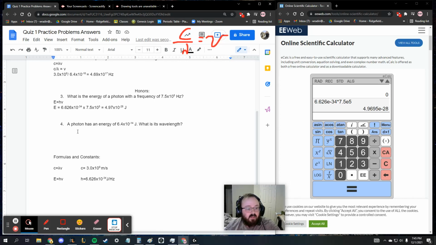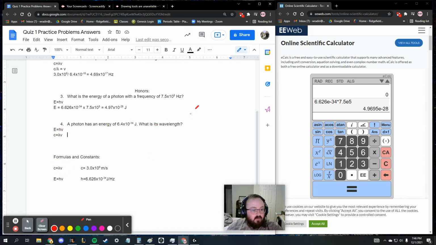Finally, a photon has an energy of 6.4 times 10 to the negative 14th joules. What is its wavelength? This one's just a little bit more involved. So we have our two equations here. First thing to do, we have our frequency in this formula.